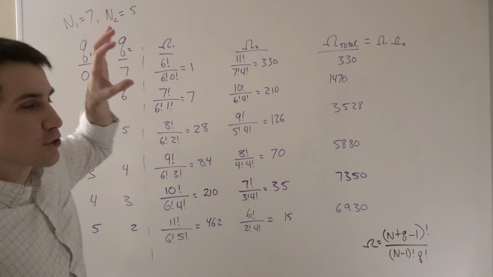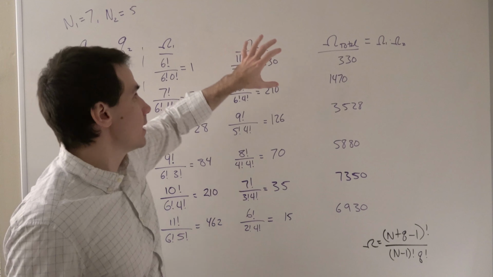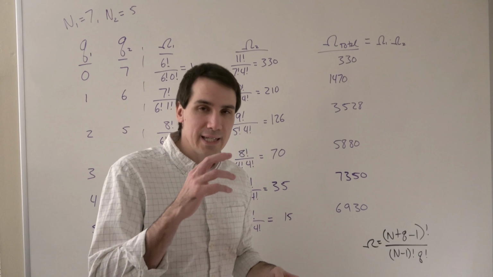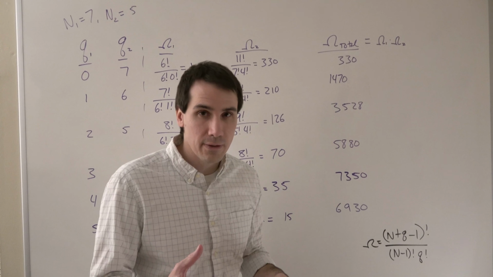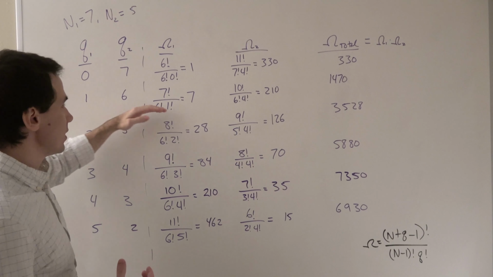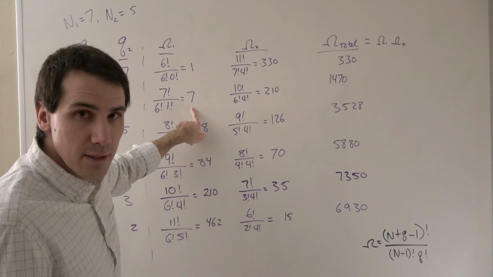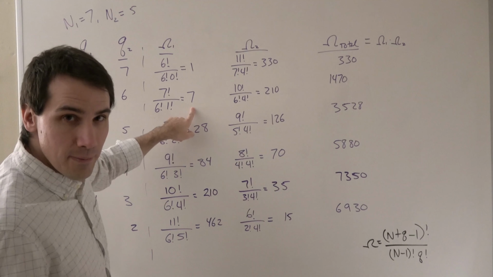And we are going to find the total number of microstates by simply multiplying the number of microstates in each of the solids together. To make sense of this, just imagine, for example, in this row here, my number of microstates in the first Einstein solid is 7.